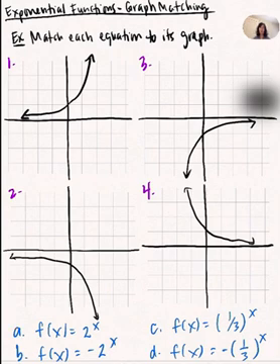Okay, now first of all, I want you to notice that some of these exponential functions are above the x-axis, and some of them are below the x-axis. Now these graphs that are below, we've obtained them by reflecting them over the x-axis.